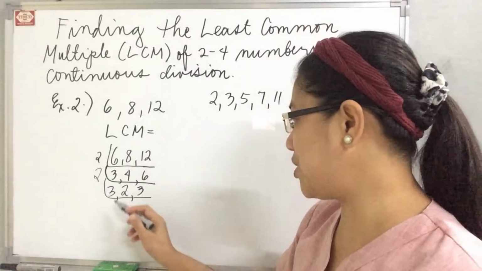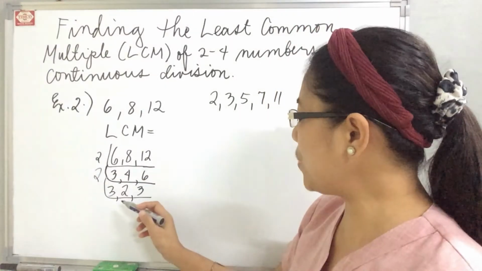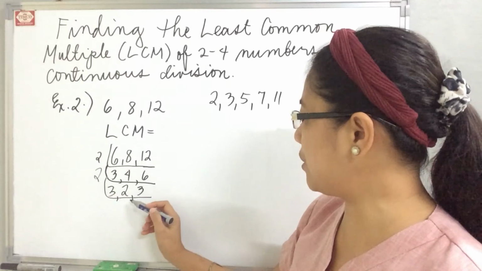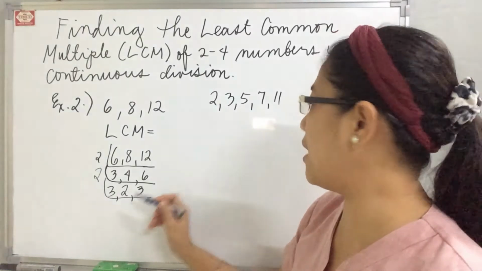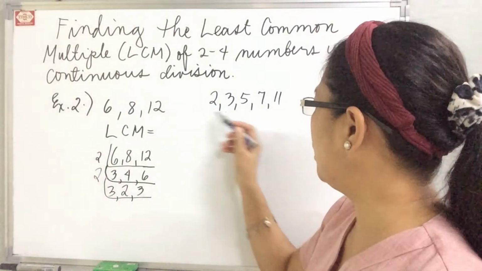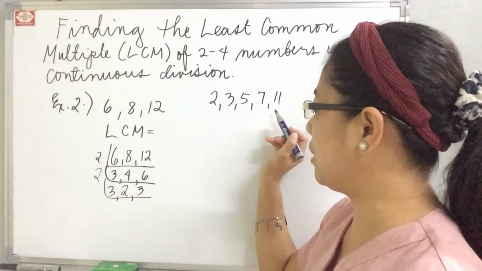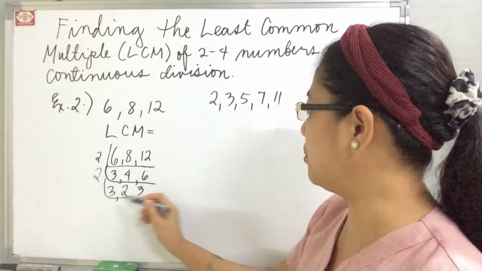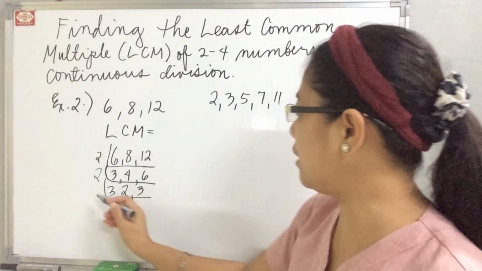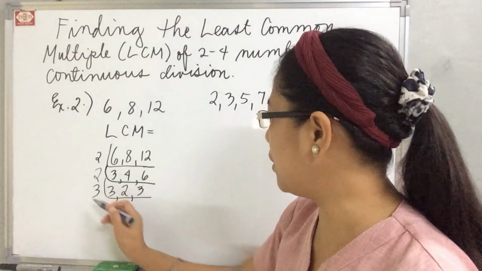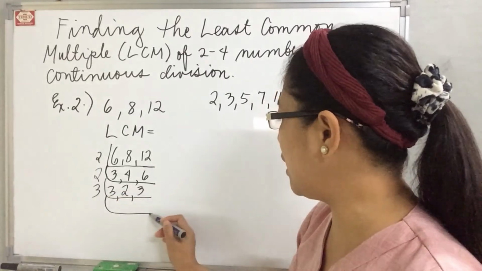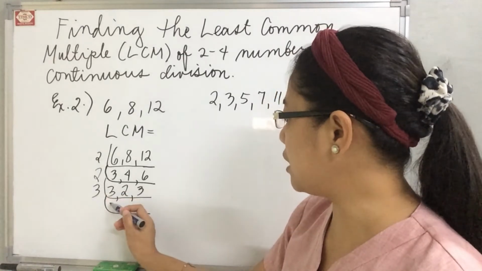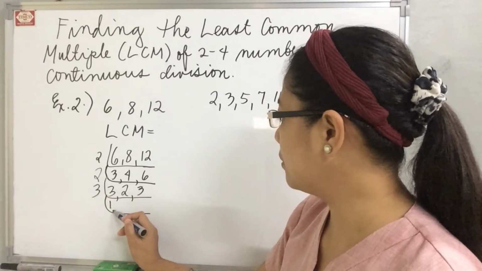Again, look at our quotients. Okay? So do we have 2 or more numbers that have a common divisor among these prime numbers? Yes, we have number 3. So we have to get or write 3 as our divisor. And then divide. 3 divided by 3 is equal to 1.